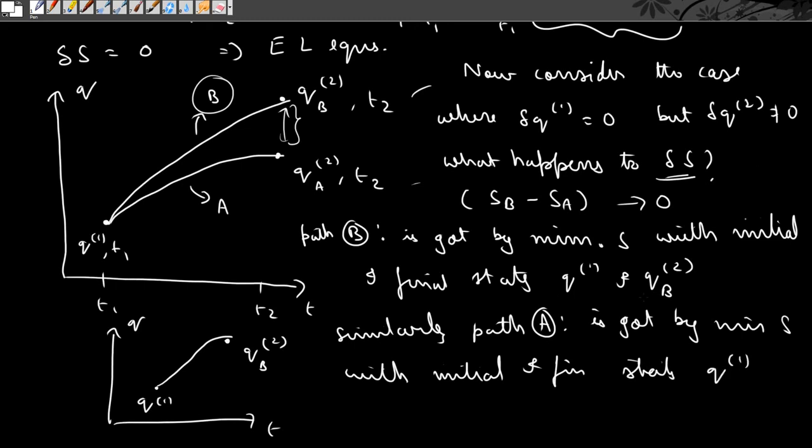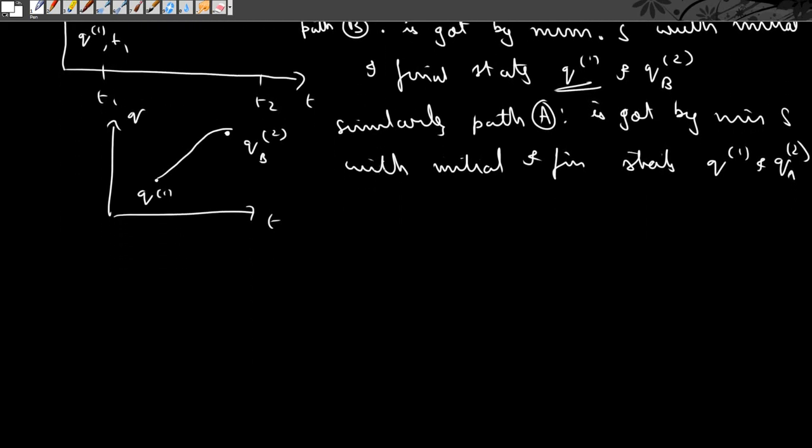The initial state is still going to remain the same because I'm going to keep the initial state fixed, but our final state is different. And again remember, this path A corresponds to the path where S is minimum for the initial and final positions given by these two things. What we want to find?